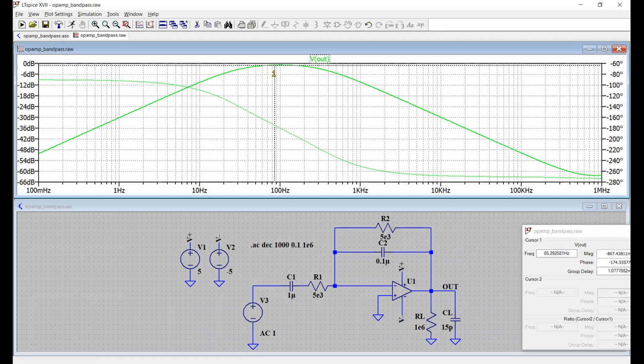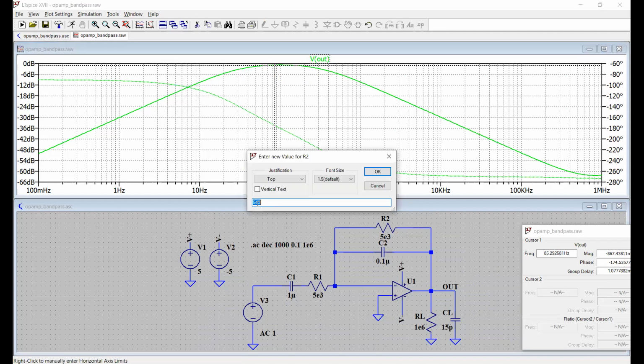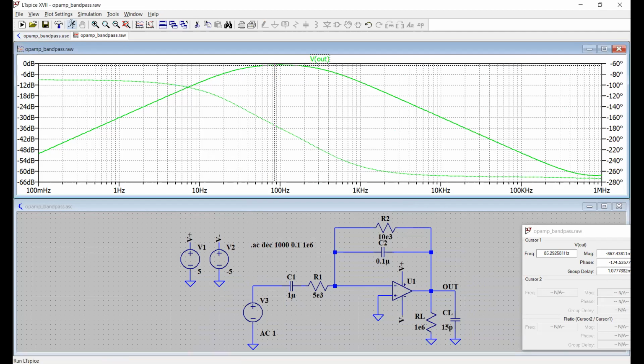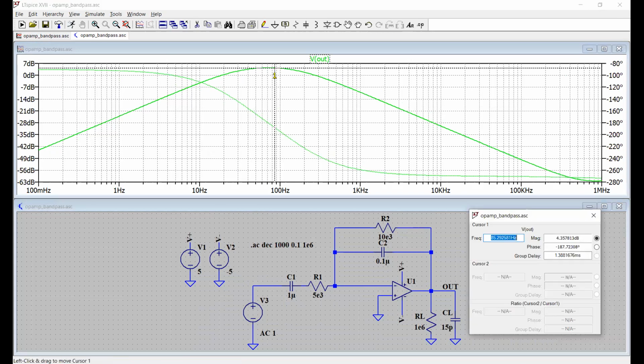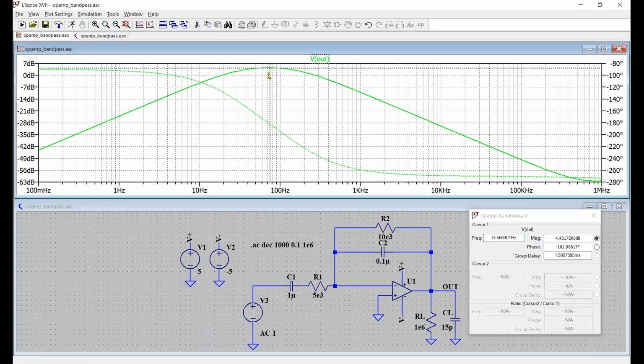So let's set the value of the resistor to, let's say, 10 kilo ohm. We simulate the response. We now see that the maximum gain is about 4.35 or 4.5, about 4.43 right here. And in that case, the phase is minus 180 degrees right here.